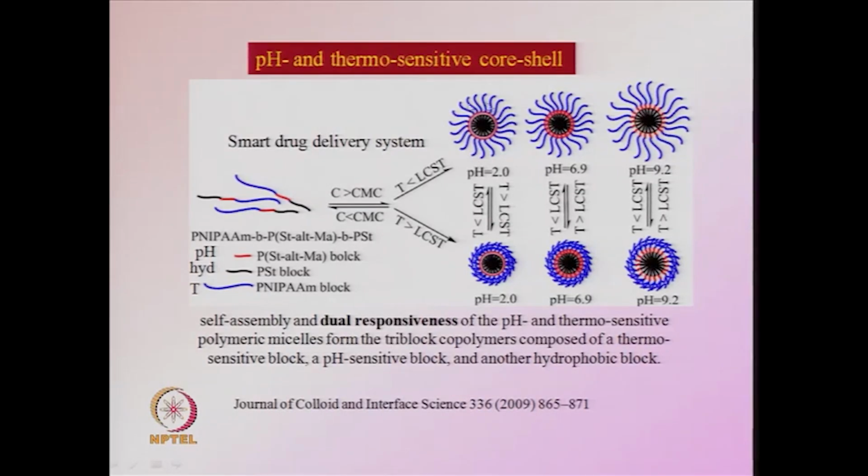So, you have these open chains of the blue block, which is basically a temperature dependent block, but since all of them have the same temperature, this blue part is not showing much changes. They are all similar except the red part, which as we saw at the low temperature case will change with pH. Here also the red part changes with pH.